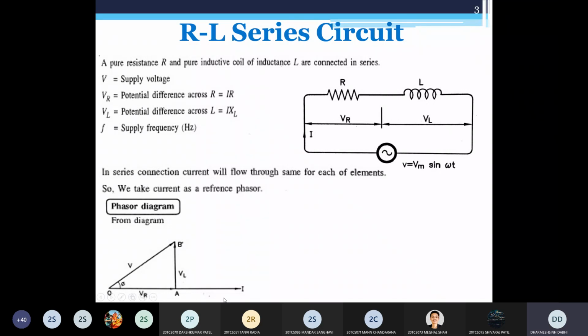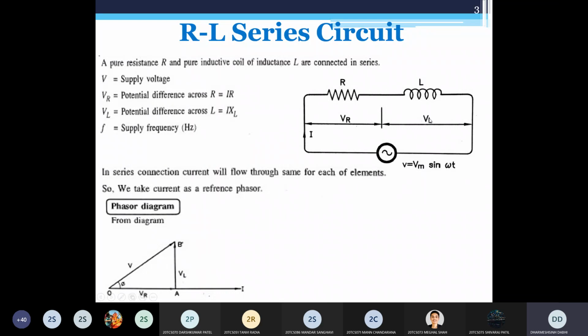You can see that on the x-axis we have current, and the voltage across the resistance and the current flowing through the resistance have no phase difference. Both are in the same phase. So if current is on the x-axis, the voltage across the resistance is also on the x-axis. That's why in the vector diagram, VR and current are both on the same axis. There is no phase difference.